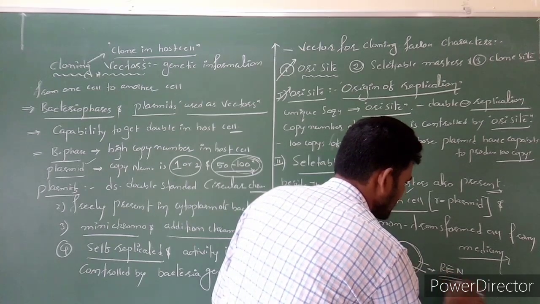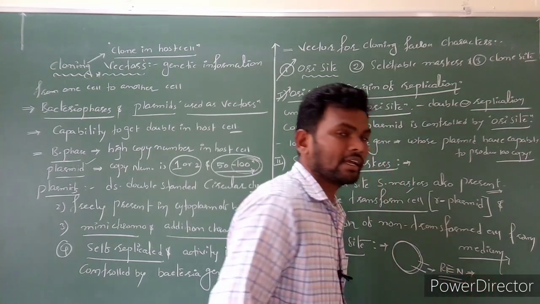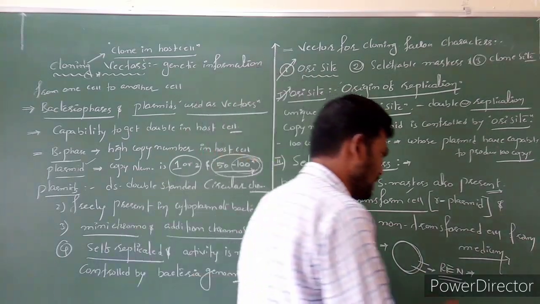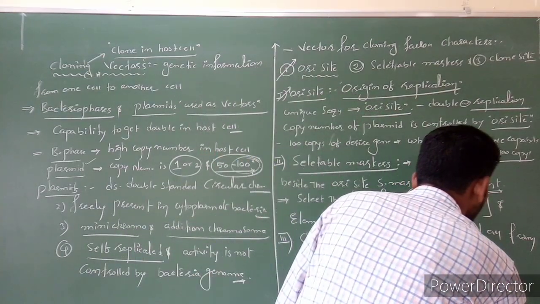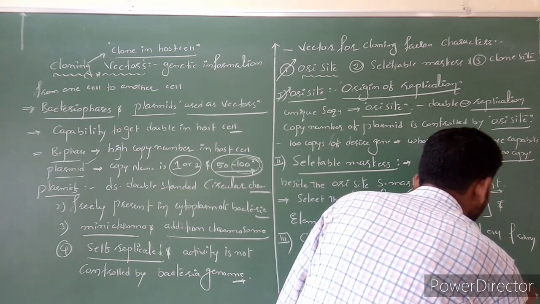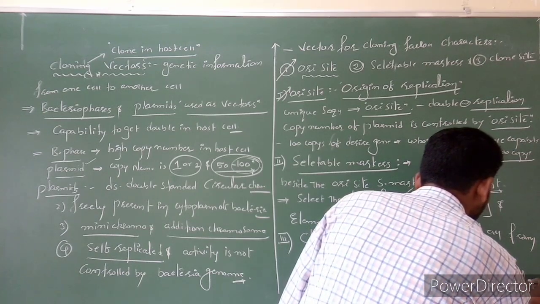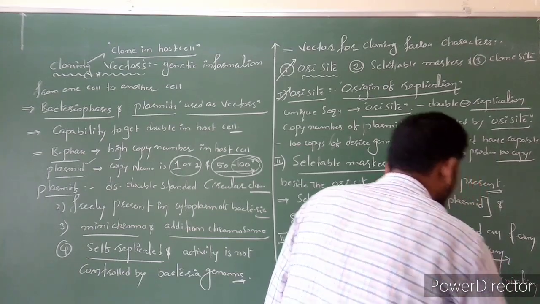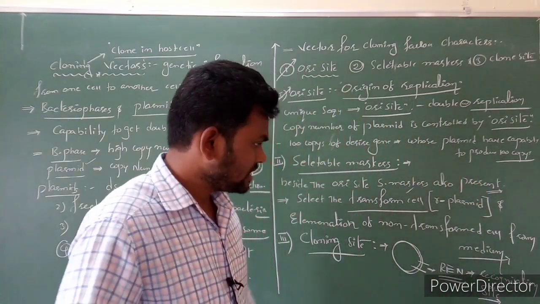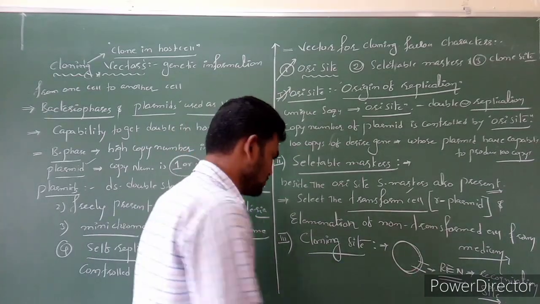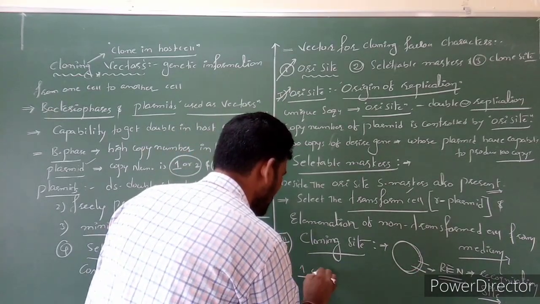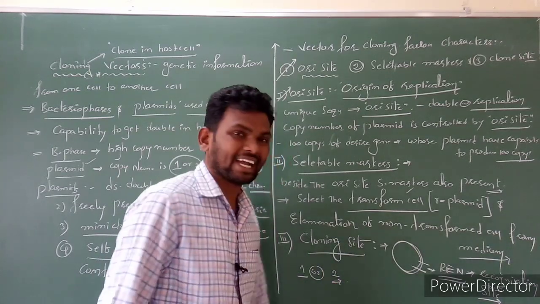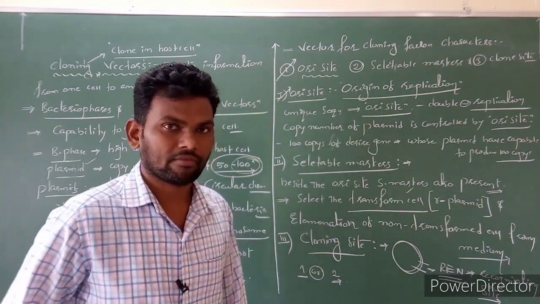It can recognize a special sequence, which is called the recognition site. So most probably one or two recognition sites should be present.